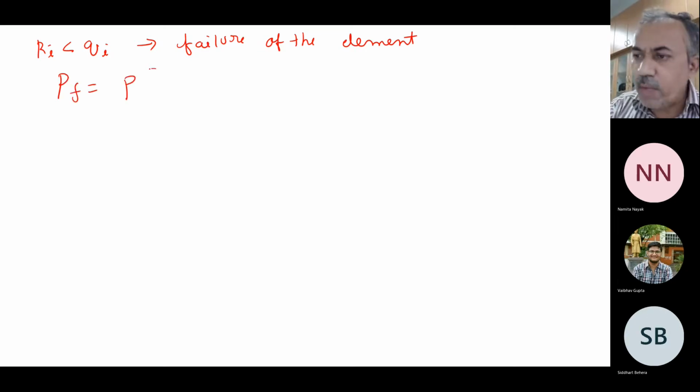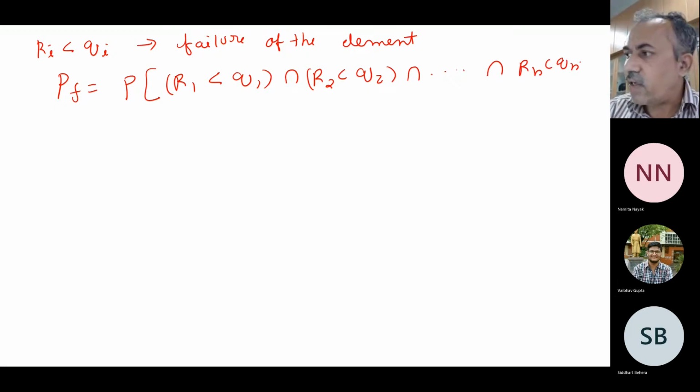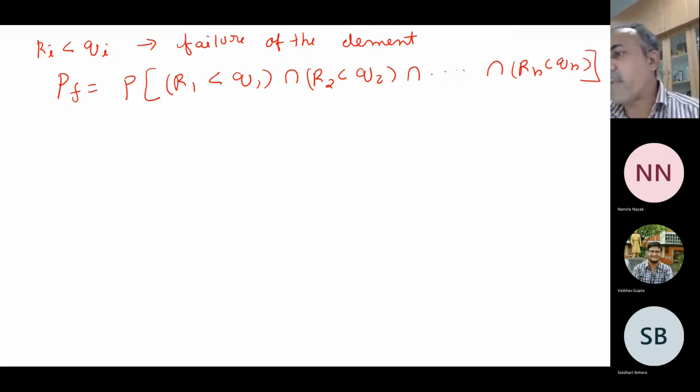That means the probability of R1 less than Q1, intersection R2 less than Q2, intersection like this, up to Rn less than Qn also. So these are also multidimensional things itself. Now if you assume all of them to be independent, you can write this multidimensional probability density function as individual products.